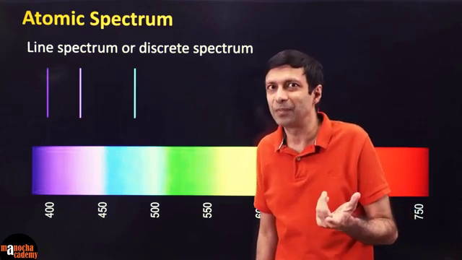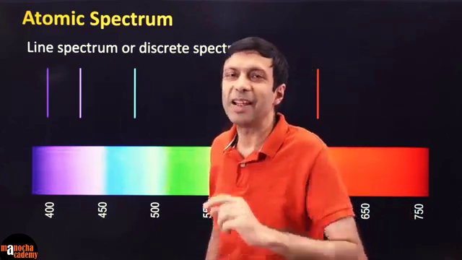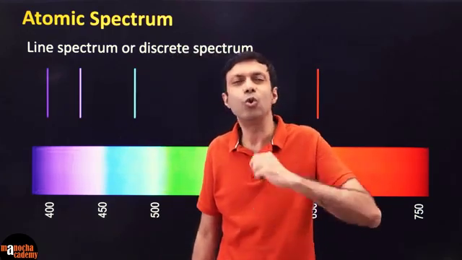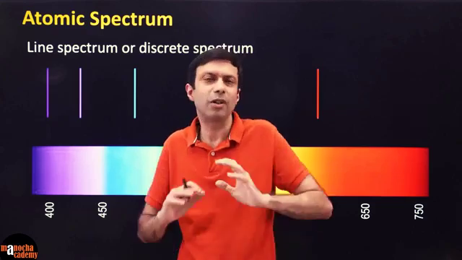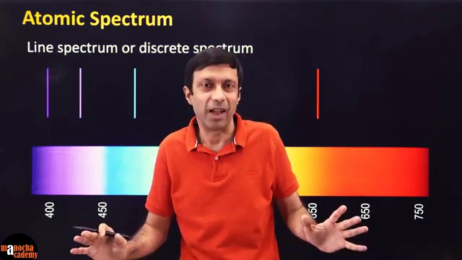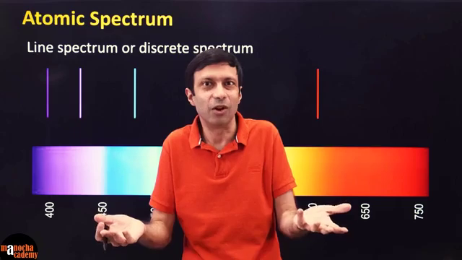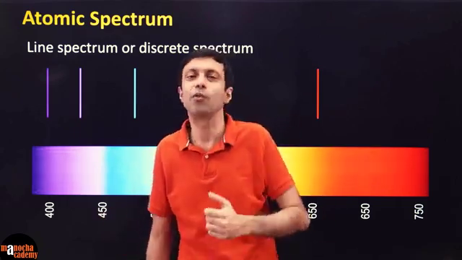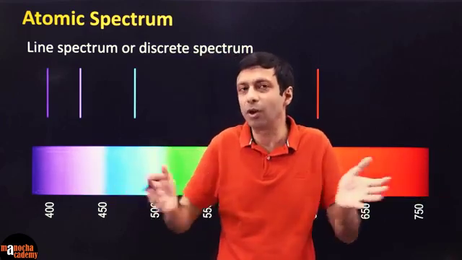Now, why is that? Remember, we just talked about that electrons will accept, gain or lose only certain amounts of energy, not any value that you want. And when it loses this energy or it gains energy, it can be in the form of electromagnetic radiation, what we call light, or even beyond the visible spectrum.